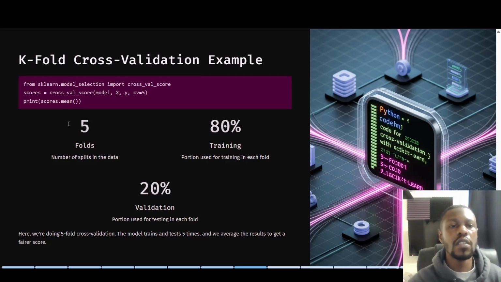So remember, we looked at k-fold cross-validation before. And this is how we would do that in a coding format. From sklearn, we're importing the model selection method, and then we're going to import cross-validation score. And it's going to look essentially something like this. So we're breaking it up into 5 folds, indicated by cv equals 5.